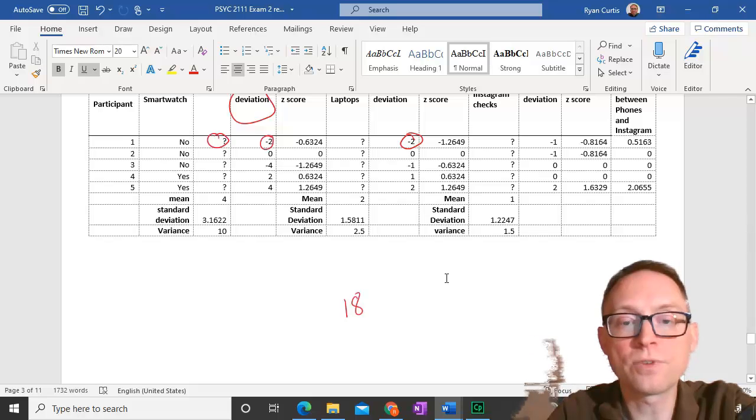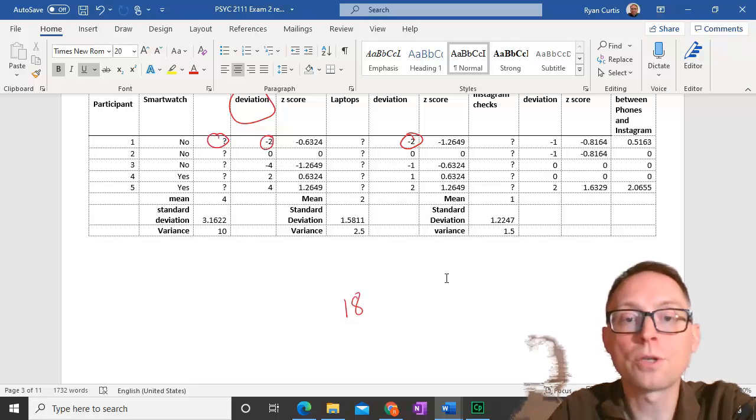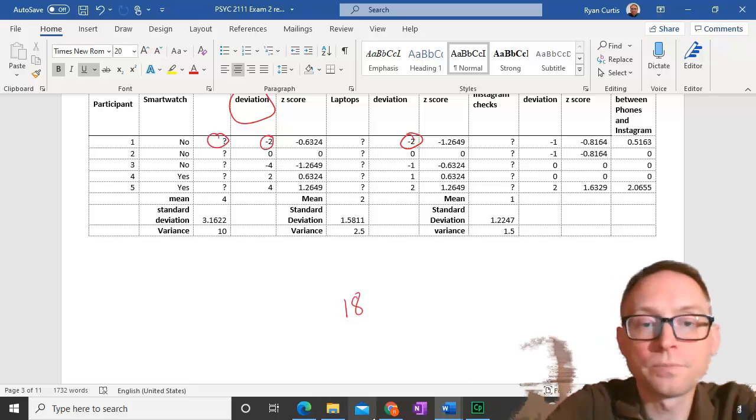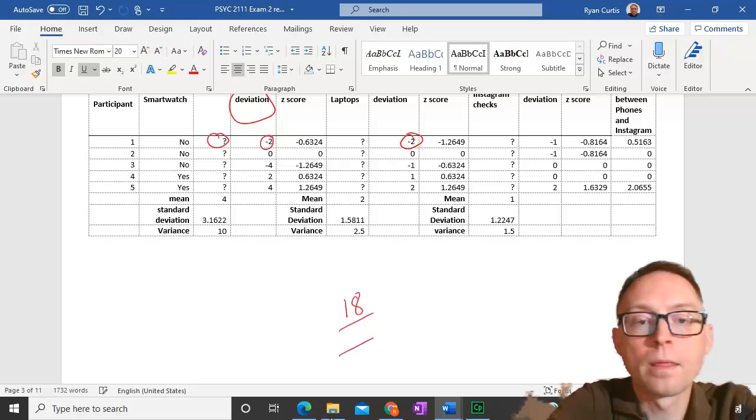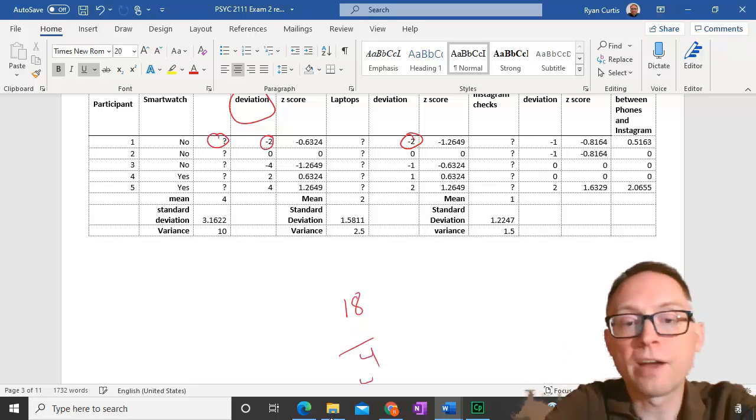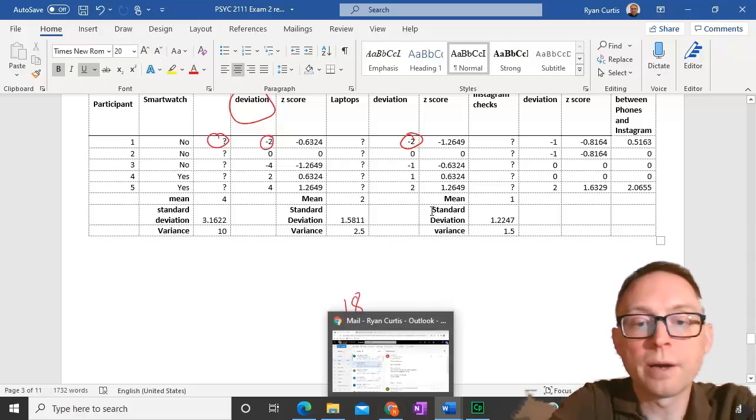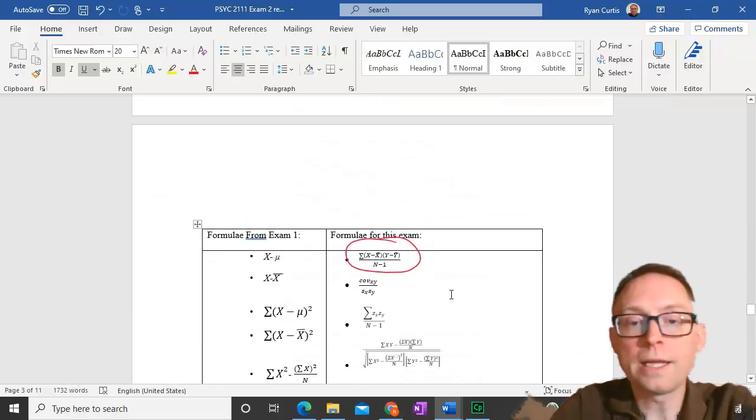Those all add up to 18. I divide that by n minus 1, which in this case is 5 minus 1 because I have 5 participants, so 18 divided by 4.